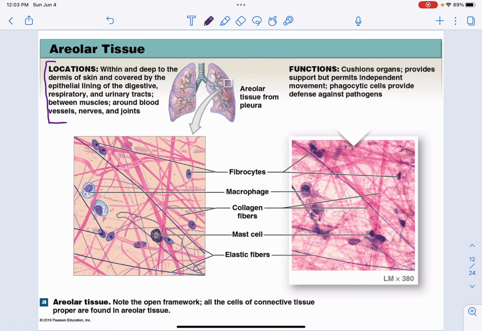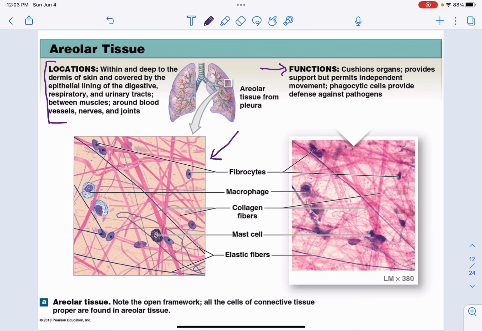And it is found in various other places, such as muscles, around blood vessels, nerves, and joints, as I was talking about in the last slide. It has several functions. It mainly functions to cushion organs and to provide support, but it also allows for a little bit of movement. So this is a cartoon image on this side.